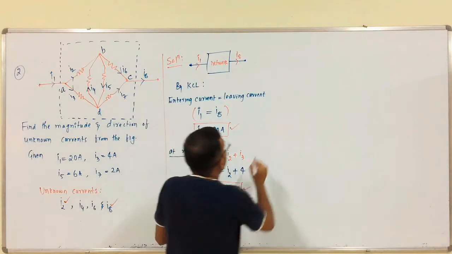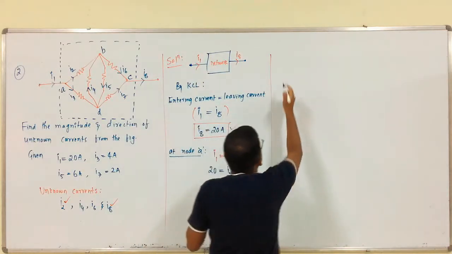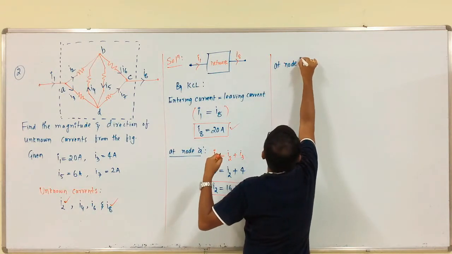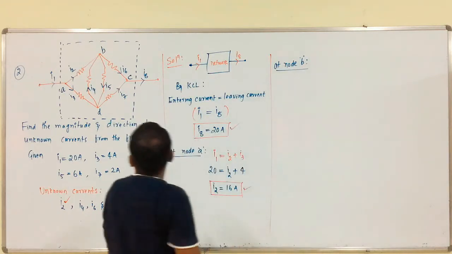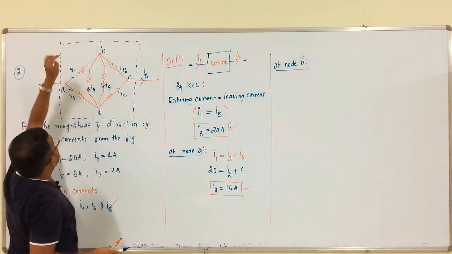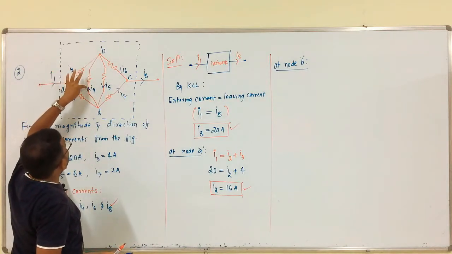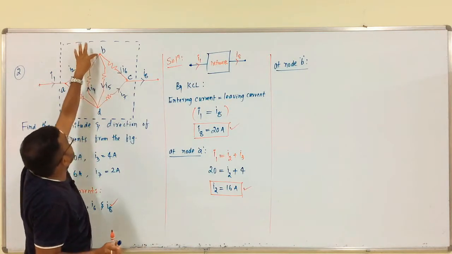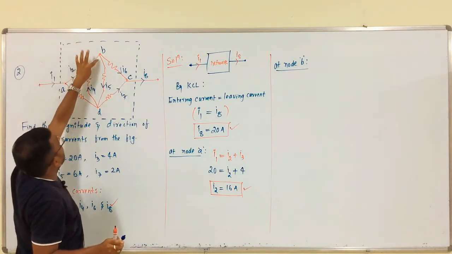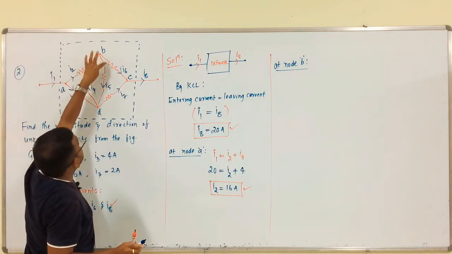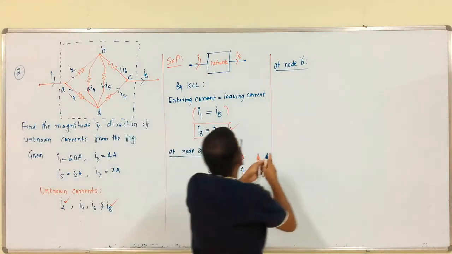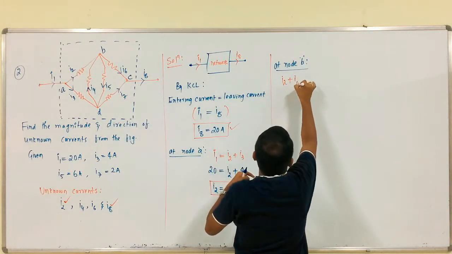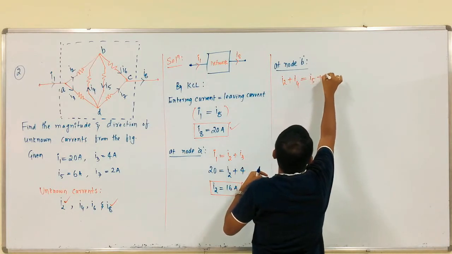Next, at node B, the entering currents are I2 and I4, and the leaving currents are I5 and I6. I2 is entering, I4 is also entering, I5 is leaving, I6 is also leaving. So I2 plus I4 is equal to I5 plus I6.